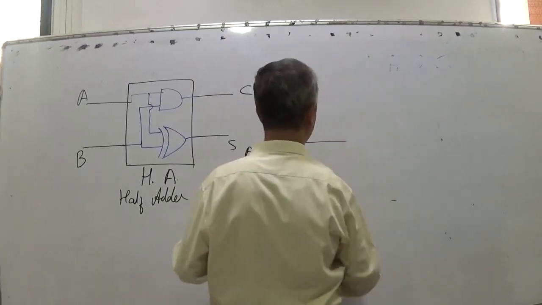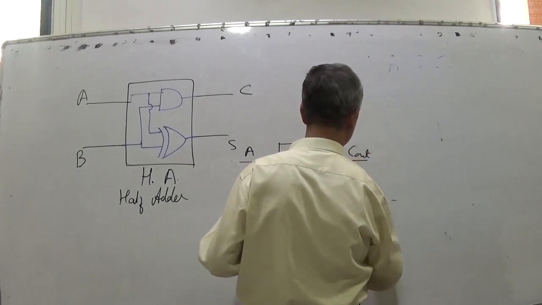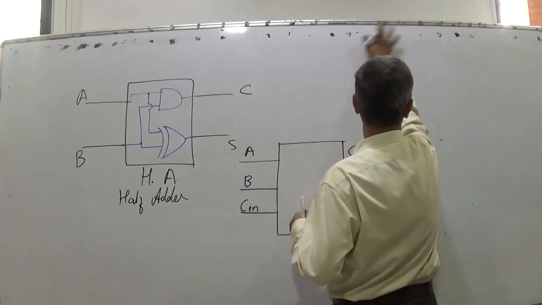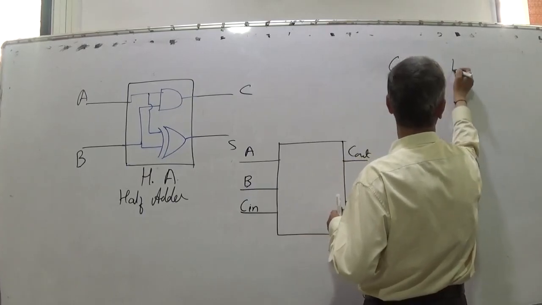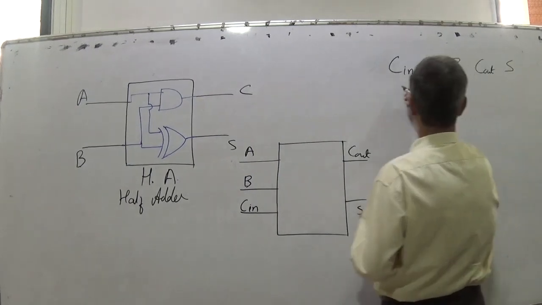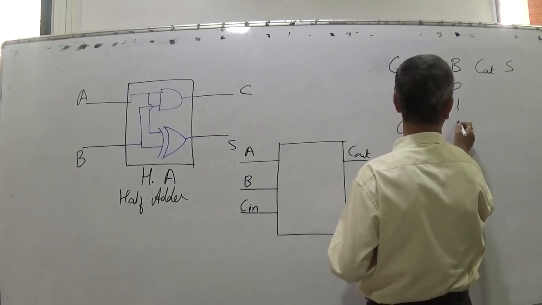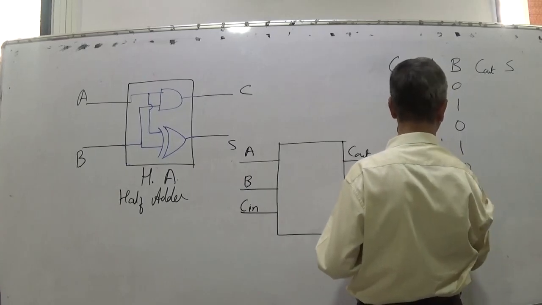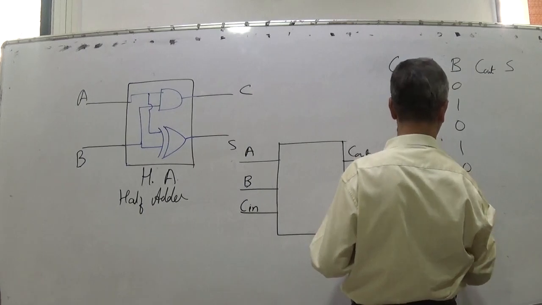We write C in, A and B, and the outputs are C out and S. 0, 0, 0, 0, 0, 1, 0, 1, 0, 0, 1, 1, 1, 0, 0, 1, 0, 1, 1, 1, 0, 1, 1, 1.